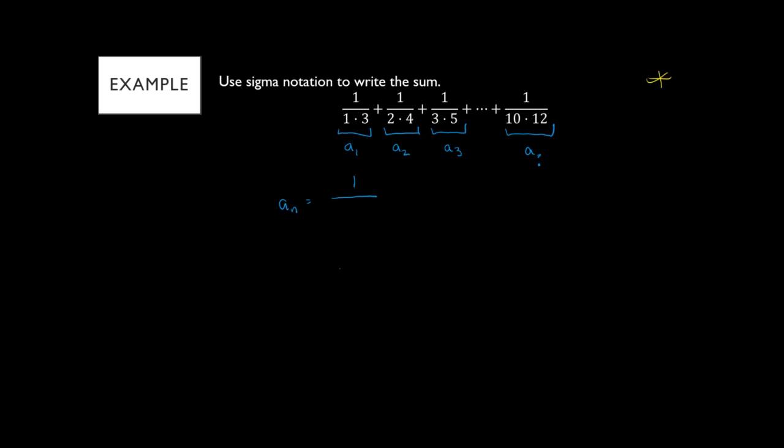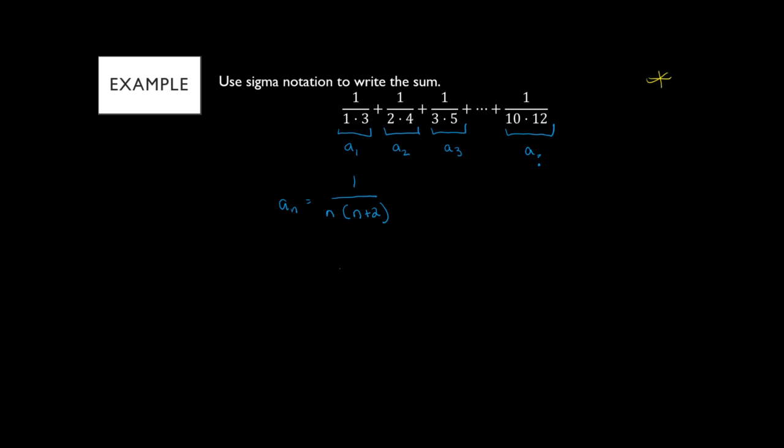So Tim's is actually what we want, and I'm going to use n. So we have n and then times n plus 2. So you notice that our first term, if n is 1, then n plus 2 is 3. So we got 1 times 3. For the second term, n is 2, we have 2, and then 2 plus 2 is 4, so 2 times 4.